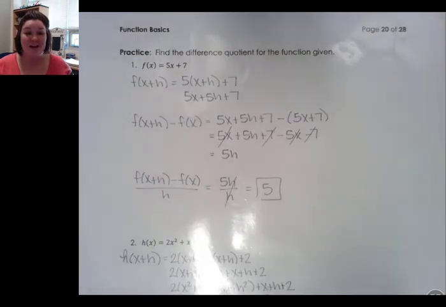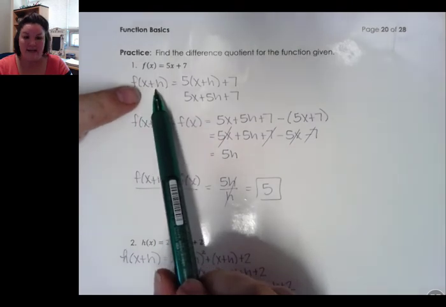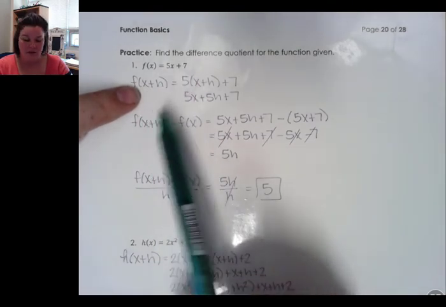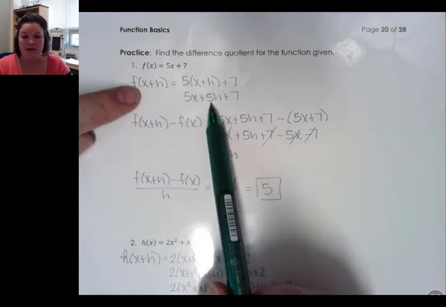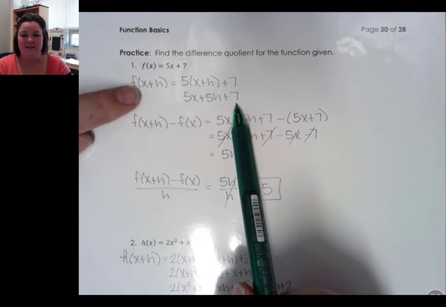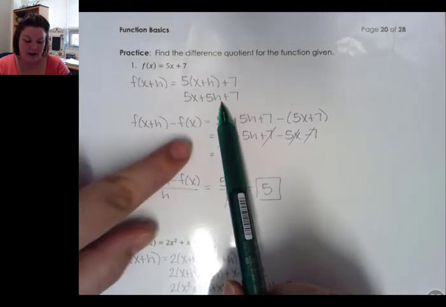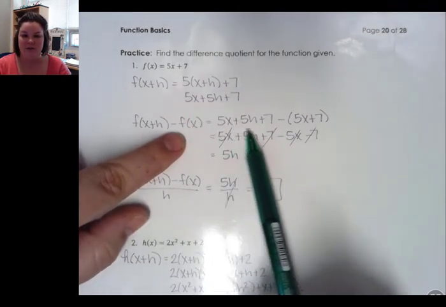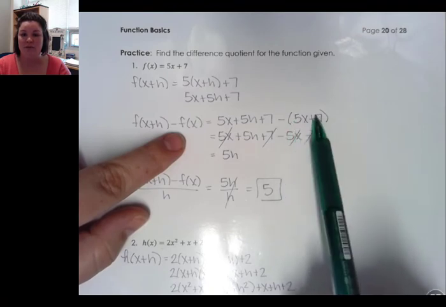All right, so let's go ahead and look at this first one. When we plug in our quantity x plus h, our function says to multiply it by 5 and add 7. So you need to distribute the 5 to both terms of that quantity and then add 7. Okay. Then our next step is to take that answer and subtract our original, right? So when we take this answer, we have it written here, and we subtract our original, make sure you put parentheses around it.